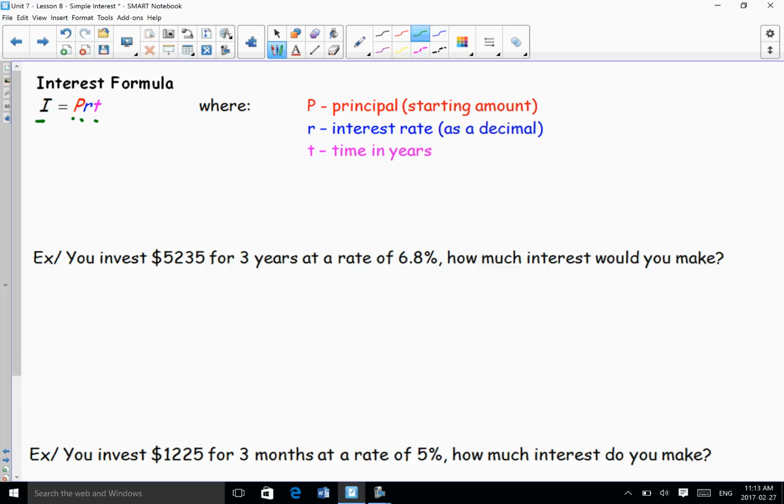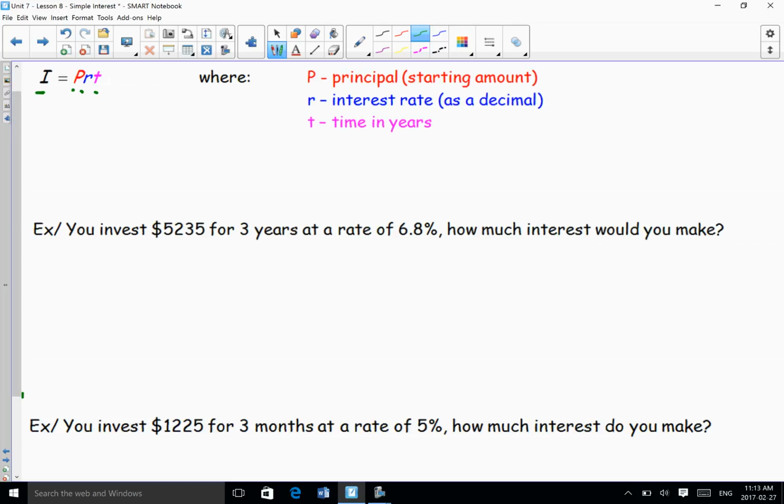So we'll look at some examples. Suppose we have $5,235. That would be our principal. And we want to invest it for 3 years. That's our time, at a rate of 6.8%. There's our rate. How much interest would we make? So I equals P, 5235, times rate as a decimal. If you ever want to change percents to a decimal, just divide by 100.